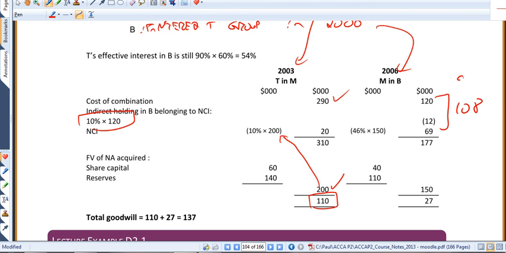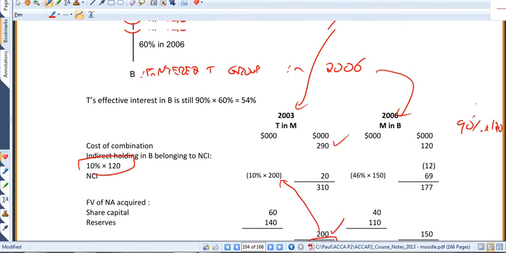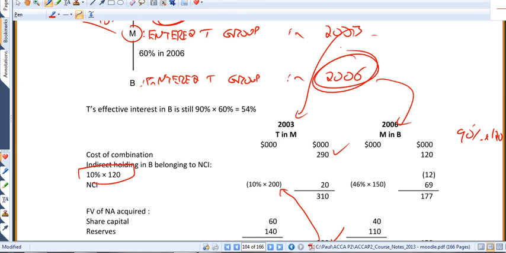Another way of looking at this is that I'd only be asked to contribute 90% of that 120,000, 108. Everything we're doing is from top's perspective. So I deduct 120 from the cost of the combination, or if you like, just use 90% of 120, it's the same number. Then I have to ask myself, what was bottom worth in 2006?